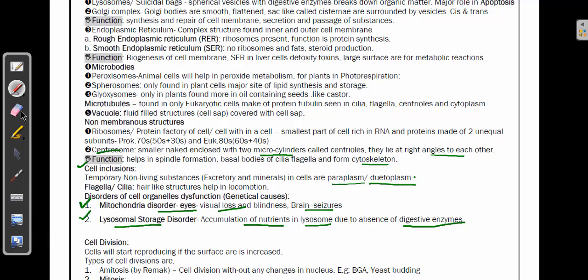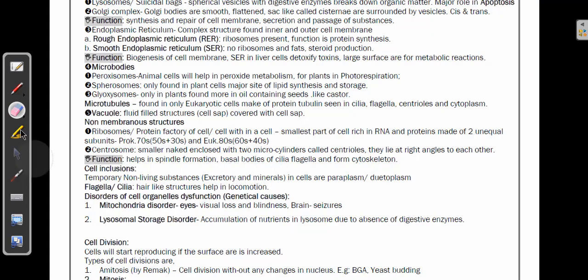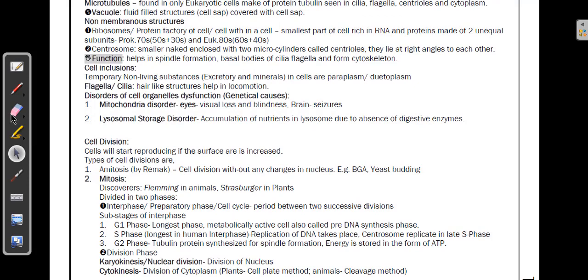Alright, so I'm going to give you a brief introduction to cell division, and after that we can continue with the next lecture. Here, cell division is a process where the cell wants to maintain its size.